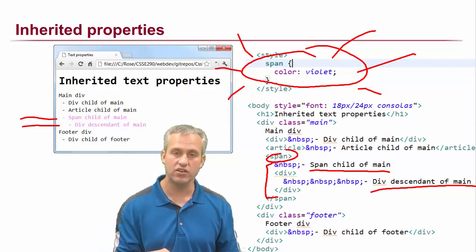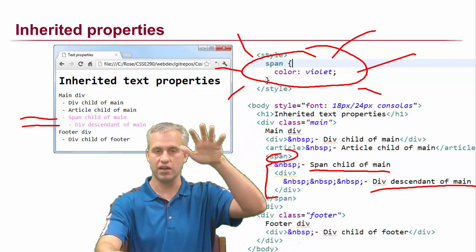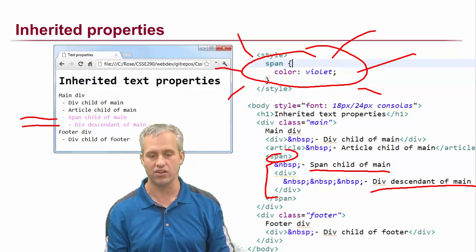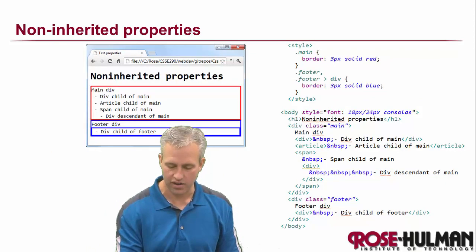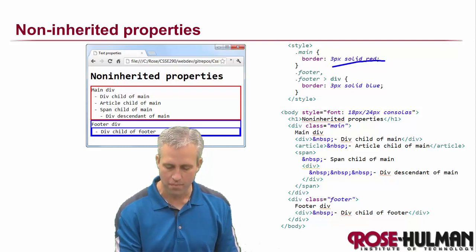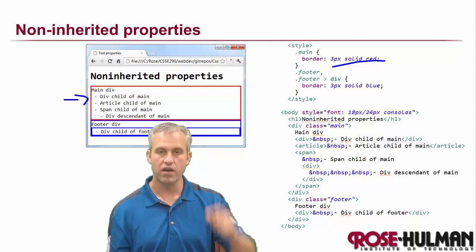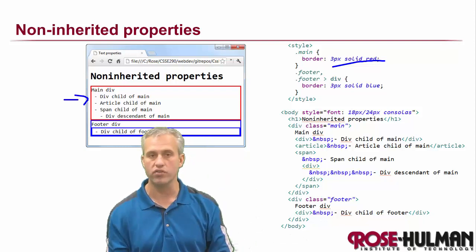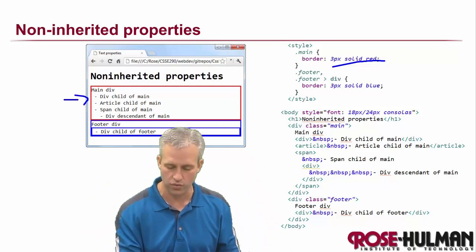It's very nice they do this, because then you can set the font on the body, and everybody in it will be that font, right? So they kind of had to do it for text properties. However, there are some things that are not inherited. For example, if we put a red border on main, it would get a red border, but all of its child elements don't also have a red border. It's just the one on main, which is exactly what you want in this case too.